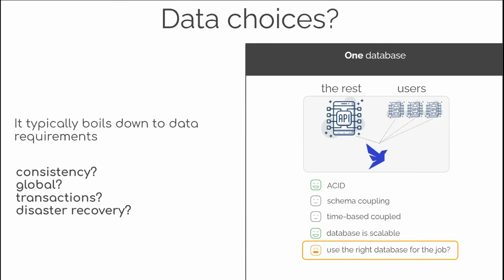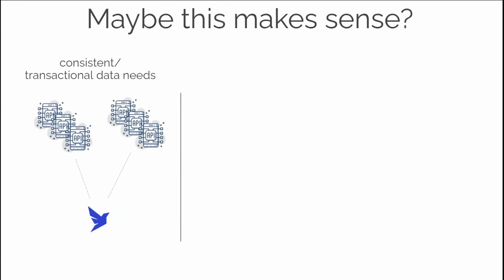And there I would argue that it typically boils down to data requirements. Do you need consistency? Do you need a global database? Do you need transactions, or do you need disaster recovery? Depending on those, you would be able to choose. And if you take into account that it depends on the data requirements, maybe this makes more sense: we have a set of services that would integrate on the database level, which have consistent and transactional data needs.